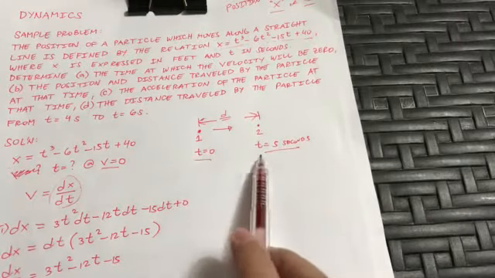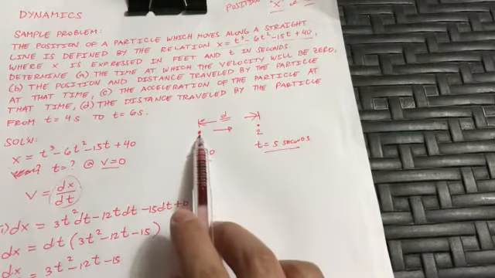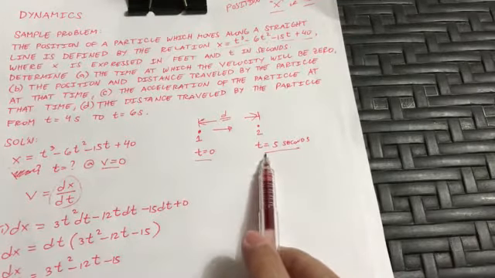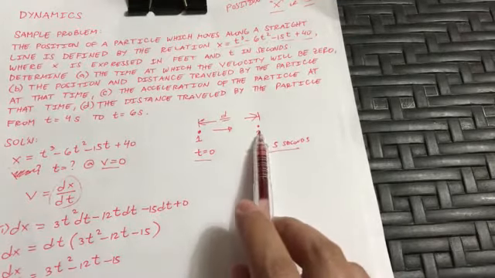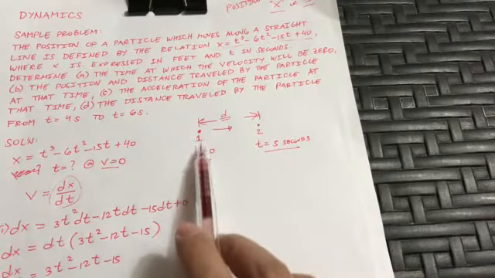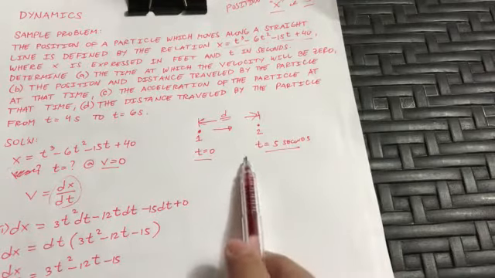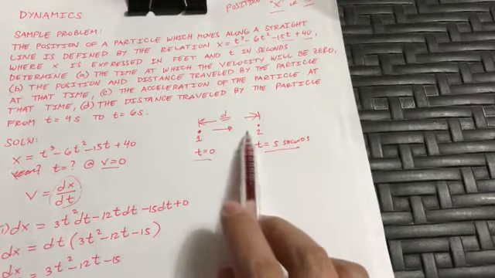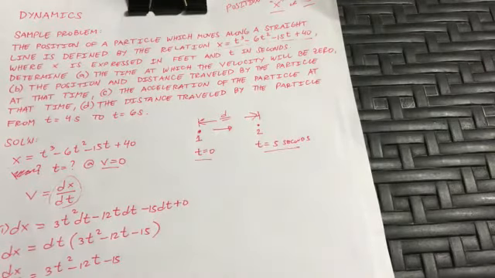Okay. Now as I've said, at time 0, the object will be at point 1. And since our object is moving, at time 5 seconds, it is now at point 2. So the difference in distance for time 0 and time 5 seconds, that is now your distance traveled. Now how do we solve that?